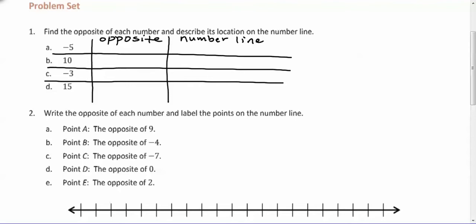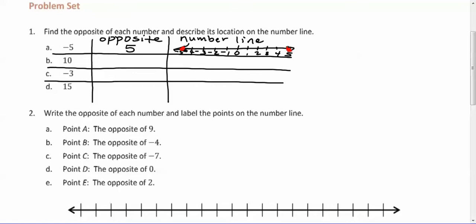So for example, the opposite of -5 is +5, and on a number line, this is 0, 1, 2, 3, 4, 5, probably hard to see. Hopefully you'll do neater than I am because you don't have teeny tiny places. I don't know, this is like a jumbo crayon. But anyway, -5 would be down here, right? And +5 would be right here.